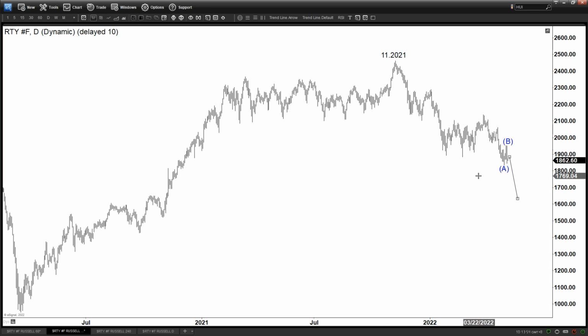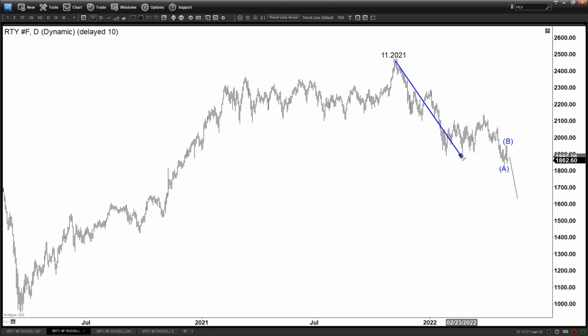Okay, so you can see if I just draw a channel of some kind, let's say a parallel channel like this, you can see there is a breakout here above the channel. So we can conclude that this entire move down ended somewhere here, either here or here, right? Take your pick, which one you like.